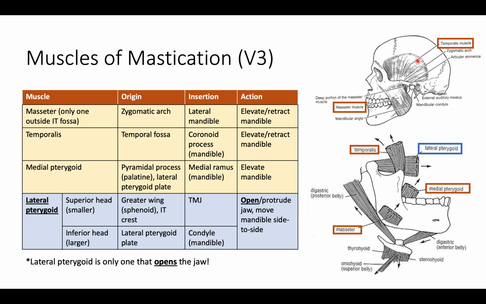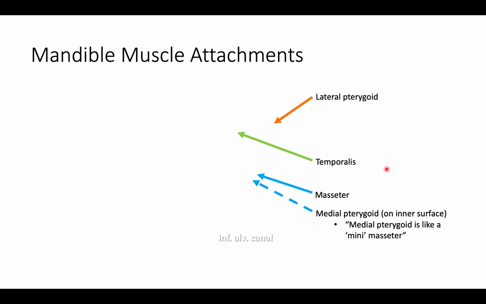But it attaches down to the coronoid process right here on the mandible, whereas the lateral pterygoid goes to the condyle. They like to know that you know the difference between condyle and coronoid. Since it's got a fancy name, make sure you know temporalis attaches to the coronoid process.